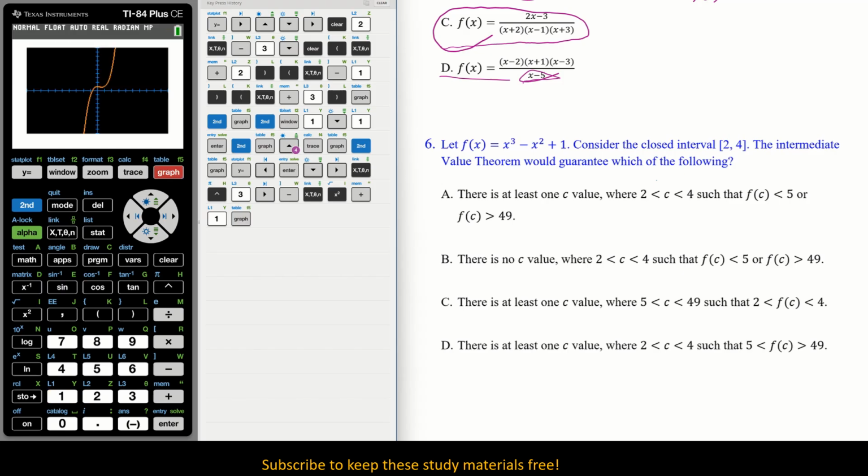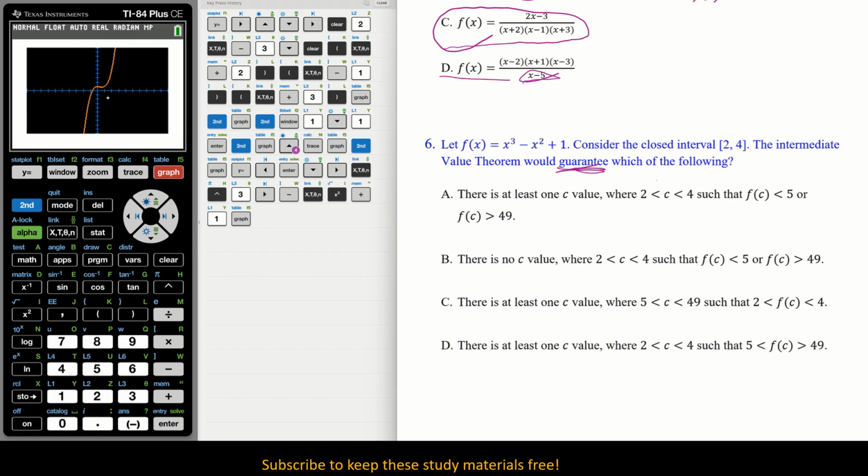So our mean value theorem, what does it tell us? Well, what does it guarantee? All it guarantees is that we're going to have at least one value of c in that interval.